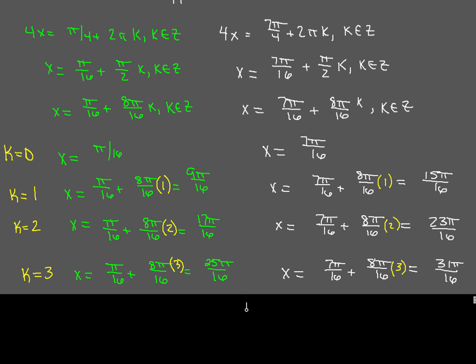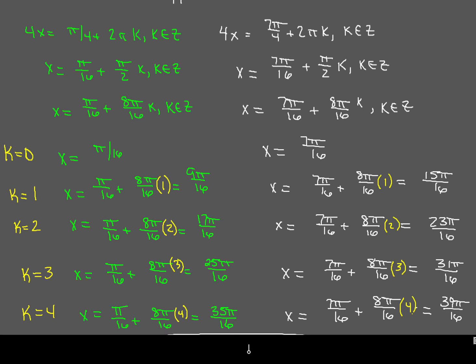But as you start putting numbers in, you want to think about what value is going to be more than 2 pi. Since we have 16 in our denominator, I'm just going to write this up in the upper corner here. 2 pi is the same thing as 32 pi over 16.